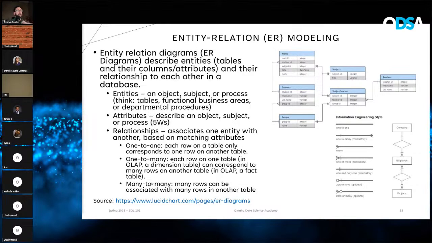A one-to-one relationship means that one row on a table can only correspond to one row on another table. So a common example of this is when we're looking at a sales table, for instance, and we have tens of millions or maybe even hundreds of millions of sales records. And there's a ton of attributes that are only relevant to that particular sale.